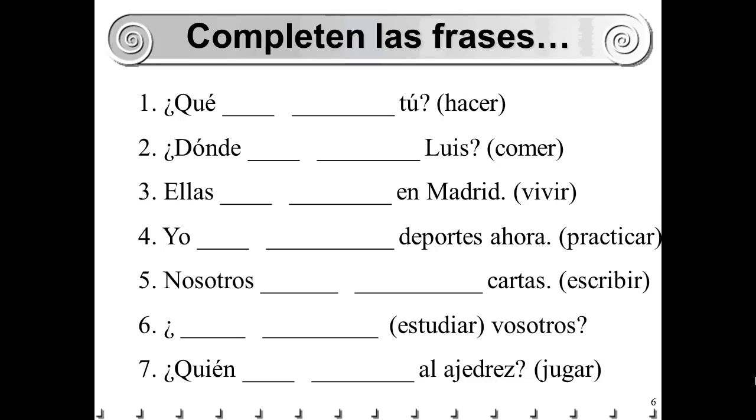What's in parentheses is the present participle. So you're going to want to change that. You're going to want to use está. I'll do the first one for you so you can see what I'm saying. So in this one, you want to say, what are you doing? Okay, so tú is the subject, so you would use estás.